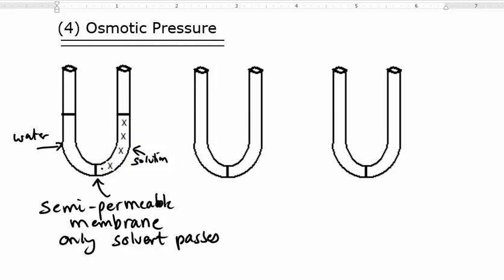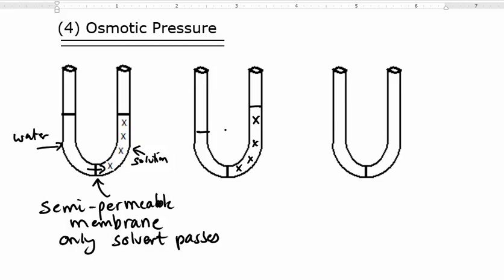Because the solute molecules are in the way, there will be a net set of collisions of water going to the more concentrated solution, to a certain point. It'll keep doing that until we get to a point where the left side is lowered and the right side is up higher. Water molecules will move into the section on the right with more solute.